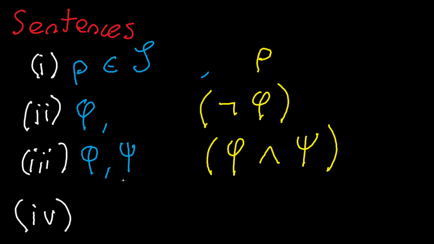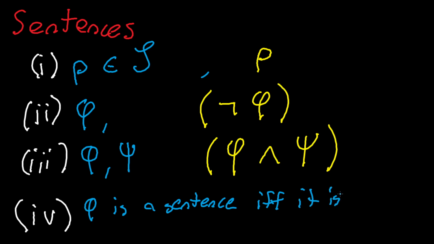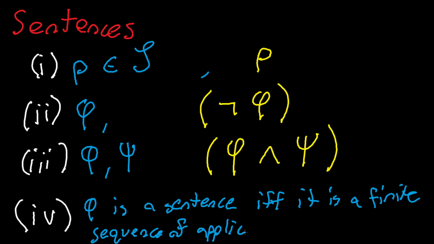and I'll have to write this small probably, but basically this is just going to say that phi is a sentence if and only if it is a finite sequence of applications of 1, 2, and 3.